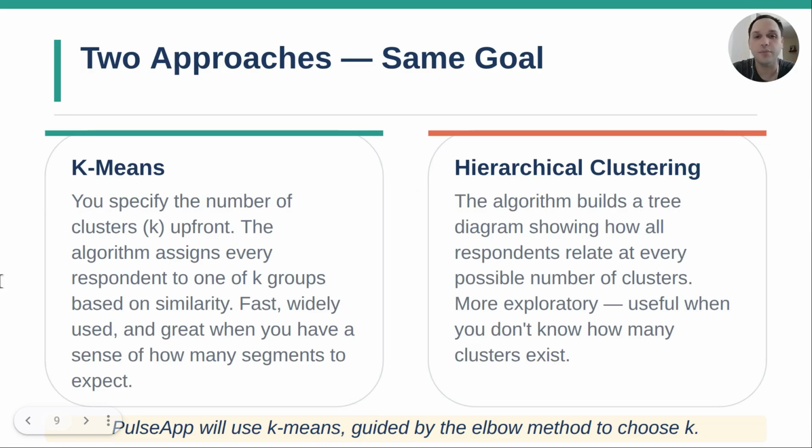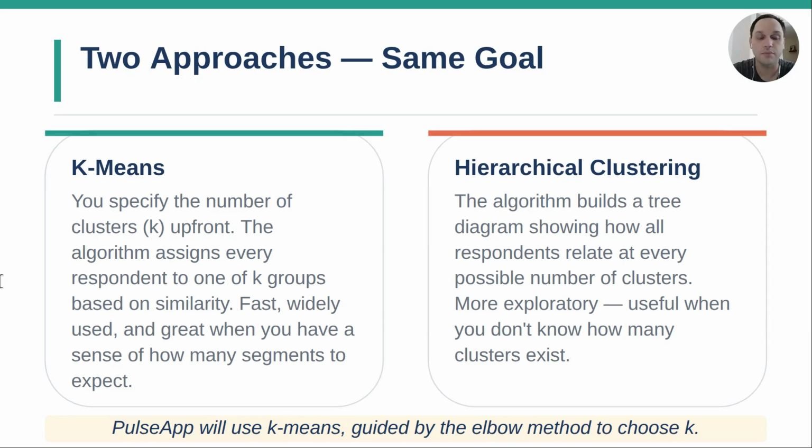There are two main approaches to cluster analysis, and they work differently. K-means is the most widely used. You tell the algorithm how many clusters you want. That's the K, and it assigns every respondent to one of those groups based on similarity. It's fast and practical, but it requires you to make a decision about the number of clusters up front. Hierarchical clustering takes a different approach.